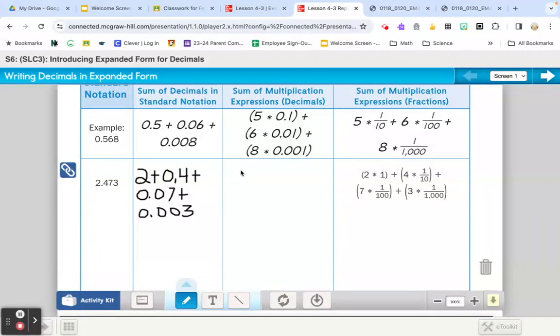Let's look at the sum of multiplication expressions. So the first part we've done before in Unit 2. It is 2 times 1 because it is in our ones place. We're going to need parentheses. 2, since that is the digit in the ones place, times 1, since that is our place value, plus our next digit is a 4, and that is in our, let's see if I can fit it all on this line, tenths place.